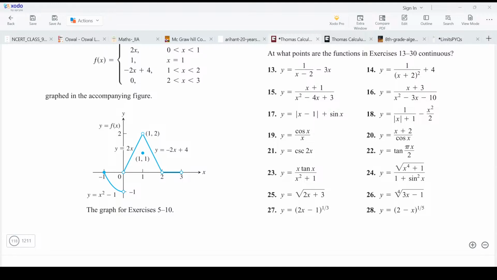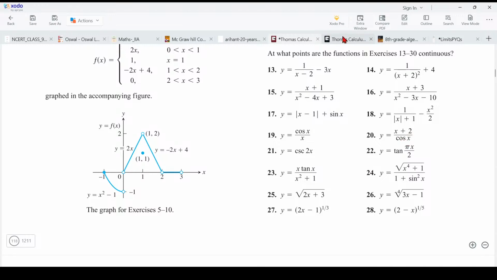Coming back to our original sheet. So x plus 2 by cos x. The function is not defined at multiple places, right?